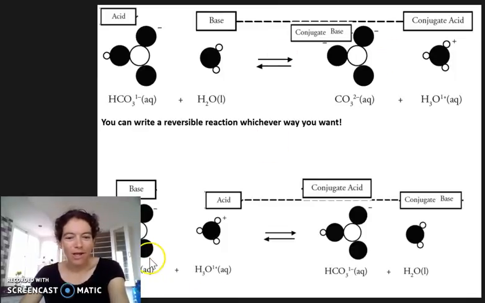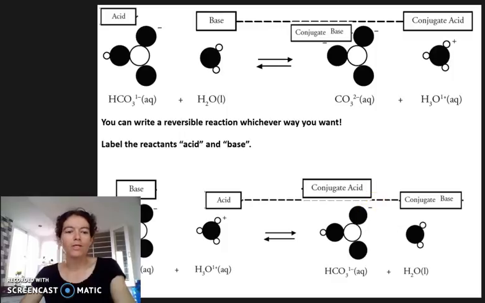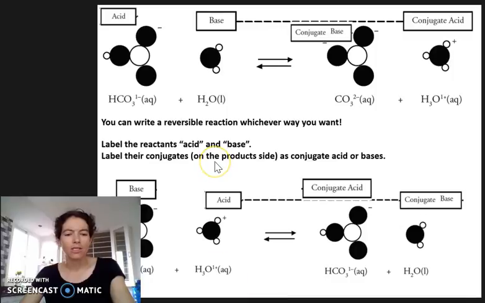So I just reversed it, and now I labeled these. Here's the base, because the base is the thing that's going to accept the proton. And here's the acid, the thing that's going to give away the proton. And now the conjugate acid accepted it, conjugate base. So always label the reactants as acid or base, and the conjugates on the product side are labeled as conjugate acid or base.